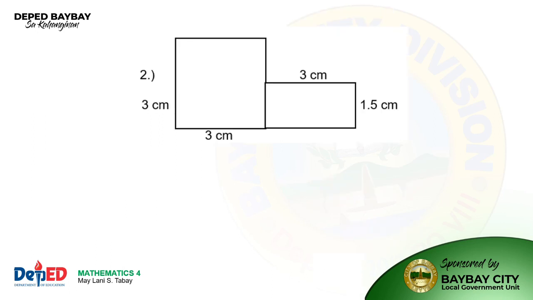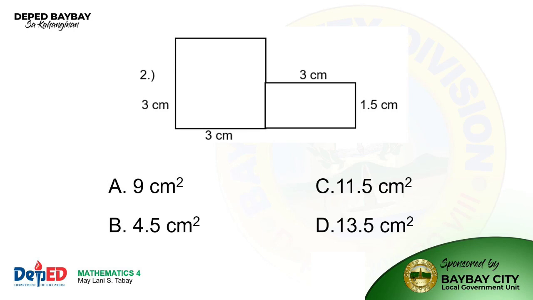Number 2. A. 9 centimeters squared. B. 4.5 centimeters squared. C. 11.5 centimeters squared.